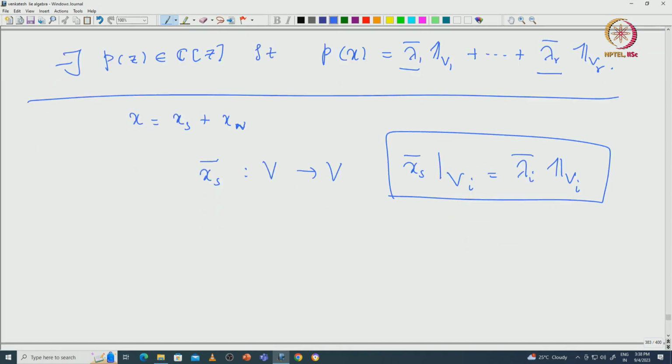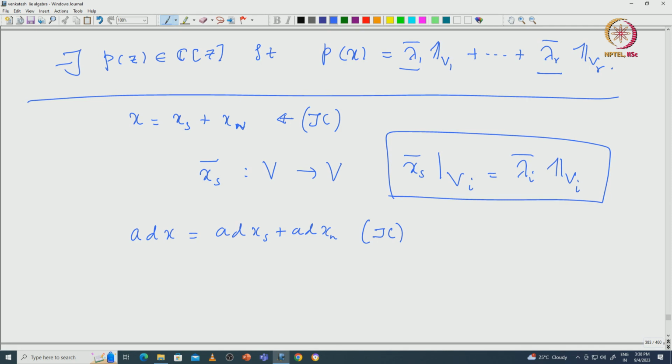Now it is easy to check, if we take ad x, which will be given by ad x_s plus ad x_n. We saw that if x equals x_s plus x_n is the Jordan-Chevalley decomposition, then ad x being equal to ad x_s plus ad x_n is also a Jordan-Chevalley decomposition.